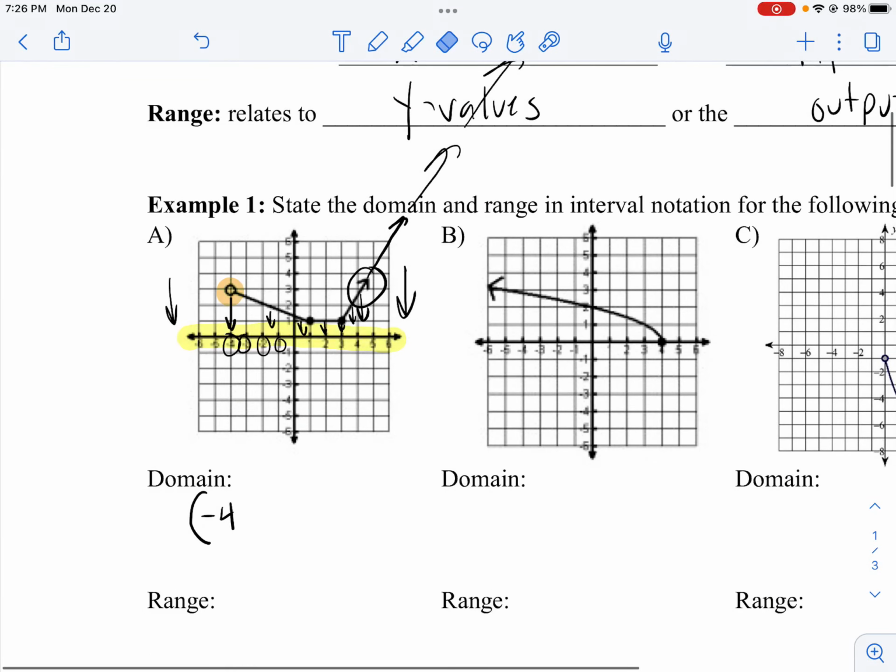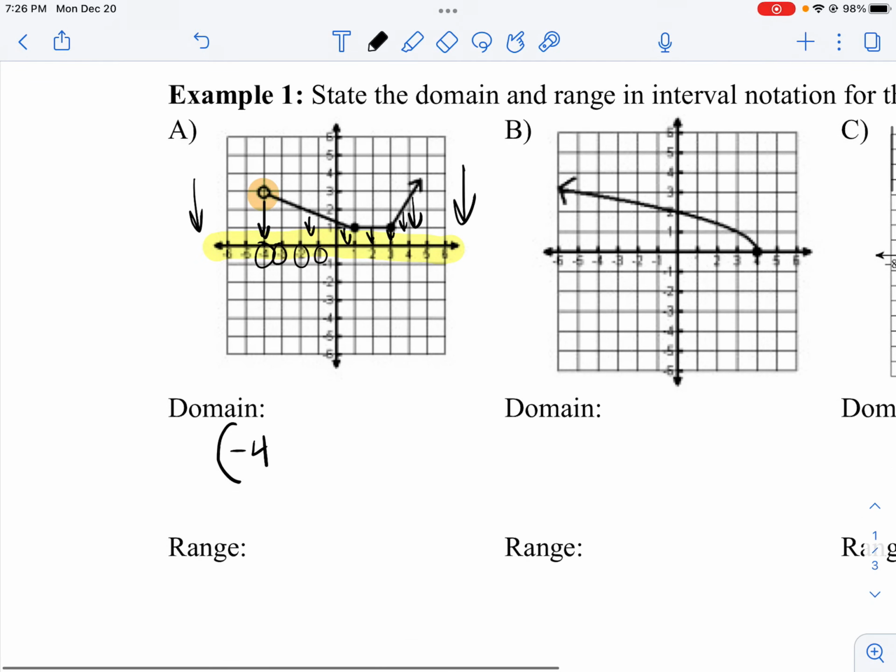It may continue forever, but while it's continuing forever up, it's also continuing forever to the right. So the domain would be negative 4 to positive infinity.